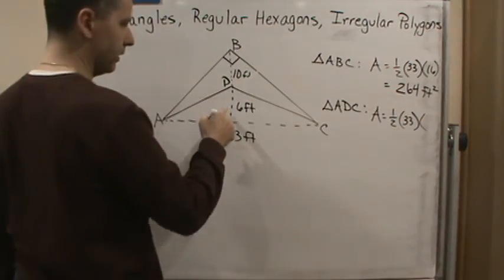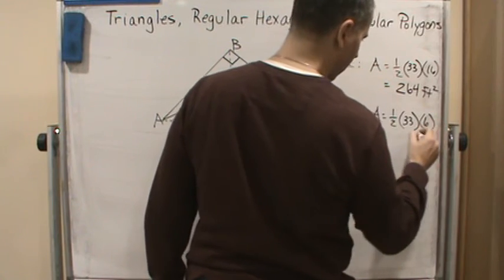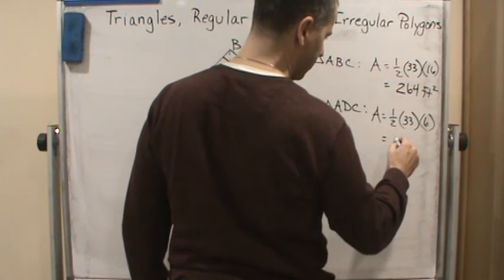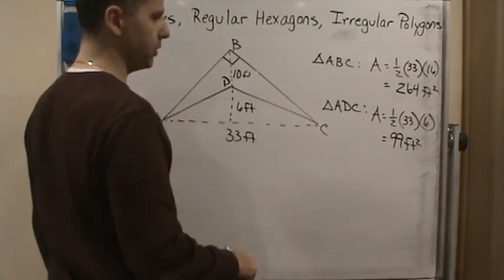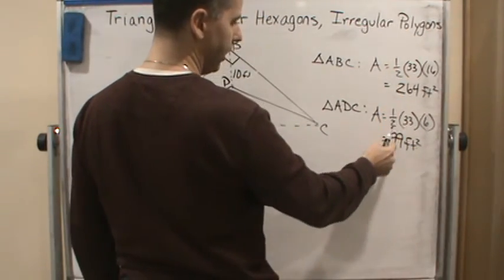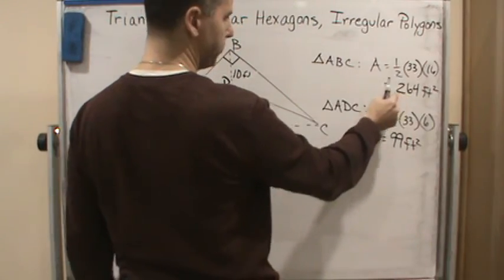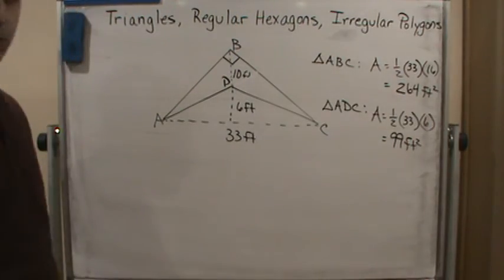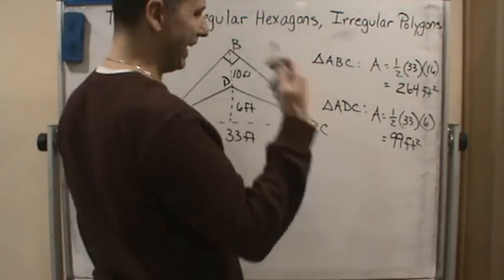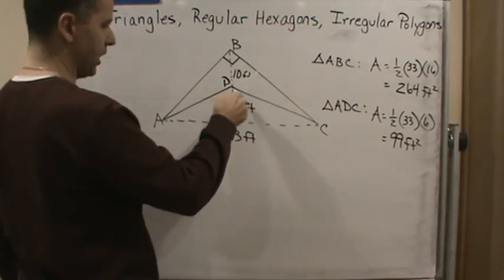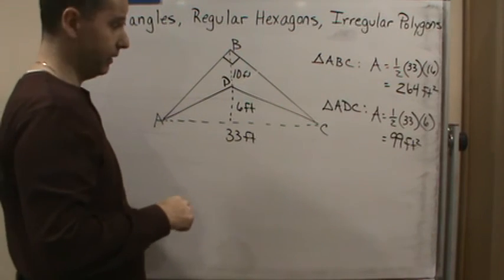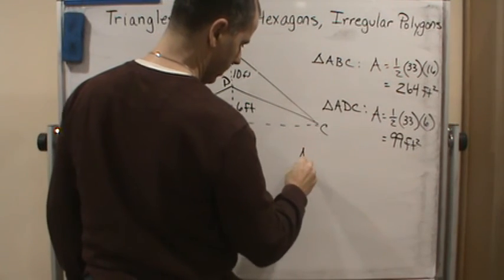And the height of that triangle is 6. So that's going to be 3 times 33, which is 99 square feet. So now all we have to do is subtract 99 square feet from 264 square feet, which gives us 165 square feet.